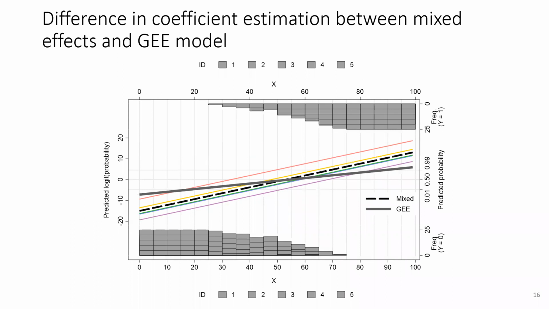We estimate the slope of this line. And this is the reason why the coefficient from GEE is always smaller as compared to the mixed model. I wonder if it is clearer than what I explained last time. Do you have any questions?